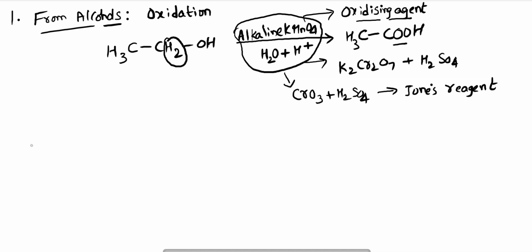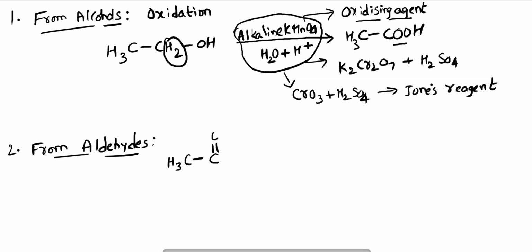Sometimes in the same process, we can use it like this. From aldehydes also I can prepare carboxylic acids. Let us take one example of an aldehyde, CH3CHO. To this we can use the same chemicals, whatever compounds I am using. We call them oxidizing agents.